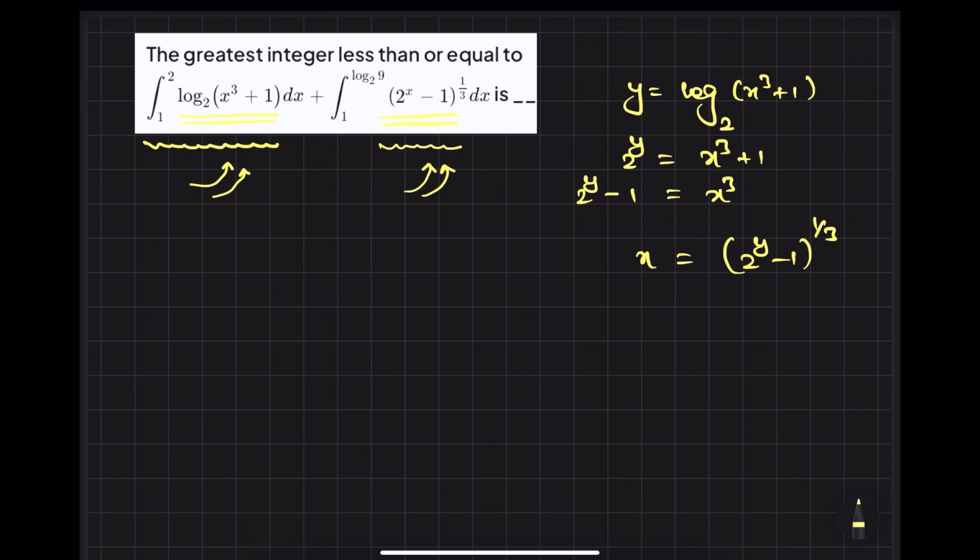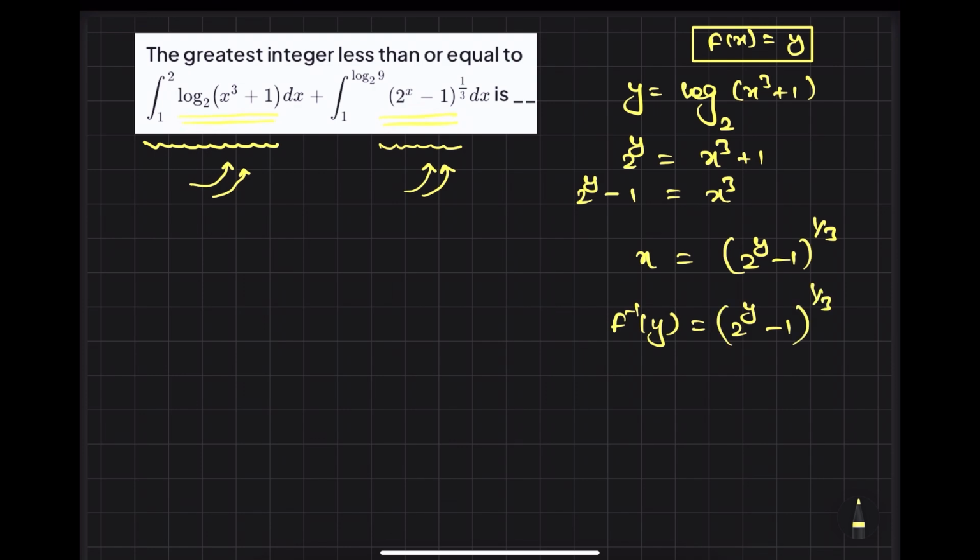Now we will replace, you know that f of x was written as y, right? f of x equals y. Now I want the value of x, so I have to send this f to that side. So it will become f inverse y. So can I replace x with f inverse y, (2 power y minus 1) power 1 by 3.